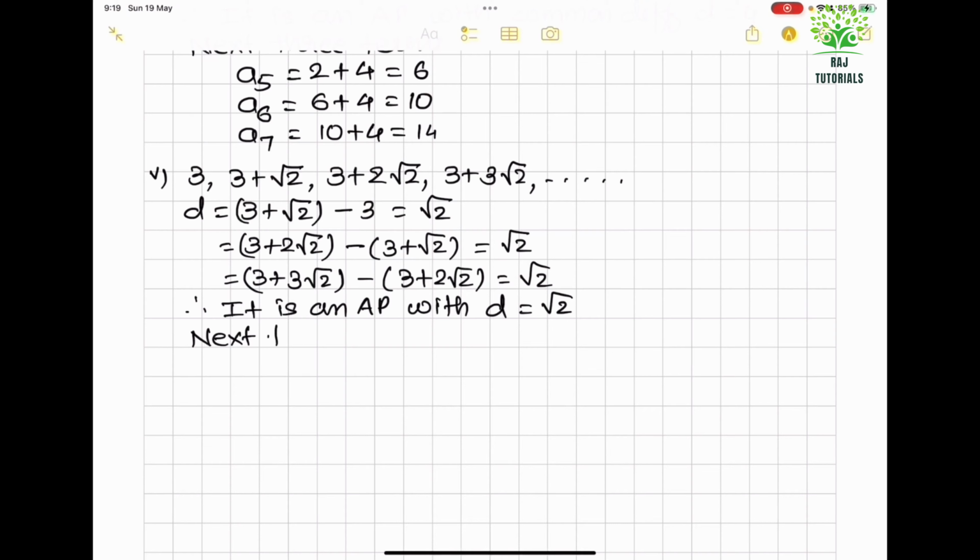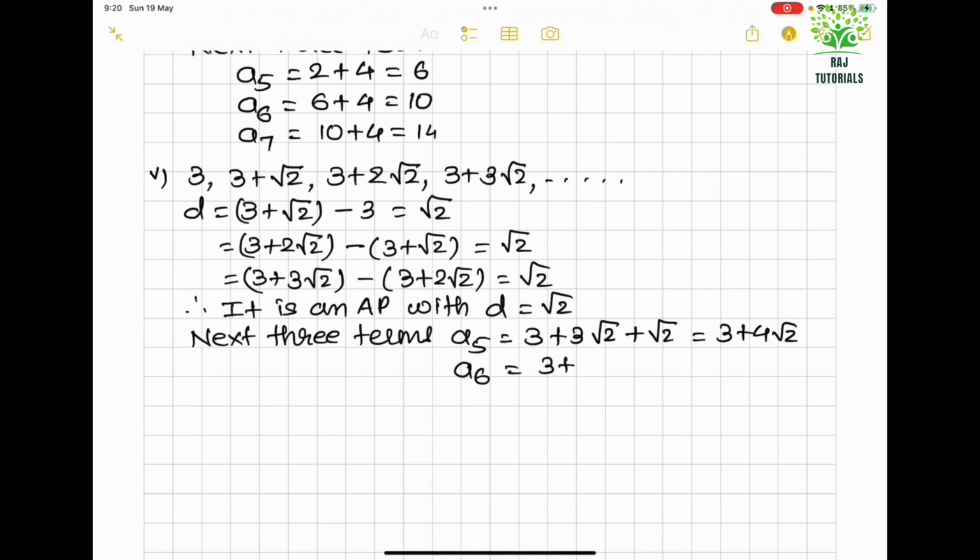Next three terms, A5, 3 plus 3 root 2 plus root 2. So 3 plus 4 root 2. A6 will be 3 plus 5 root 2. A7 will be 3 plus 6 root 2.